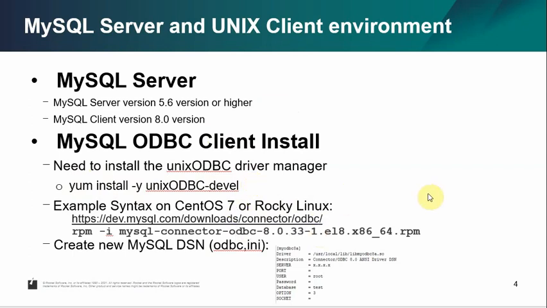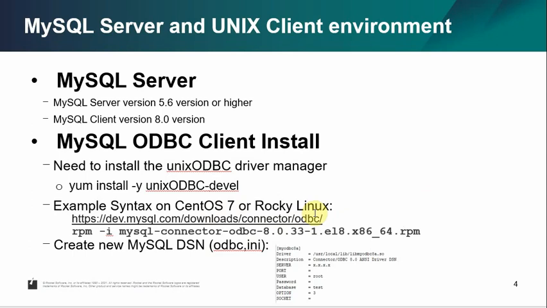You will also require one MySQL ODBC driver for Linux. They have so many versions, so you need to go to the MySQL website to download the right version to work with your Linux or Unix environment.